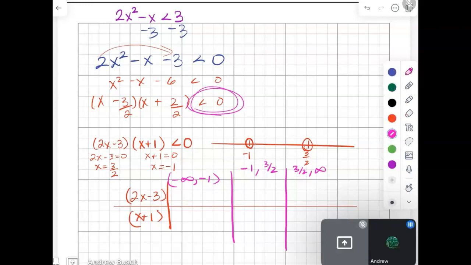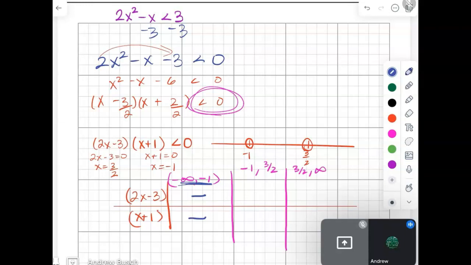Then what you're going to do is pick a number in each interval and test it for your factor. So for example, negative 10 is between negative infinity and negative 1. So I'm going to plug in negative 10 for each x. So I would get negative 23, so it's negative. If I plug in negative 10 to the next factor, I get negative 9, so it's negative. Then I move on to my next column. 0 is between negative 1 and 3 halves.